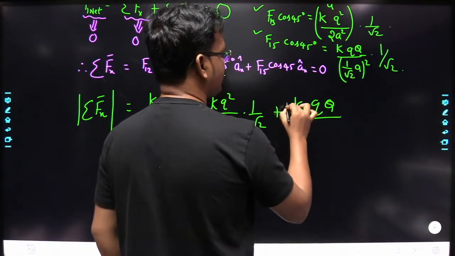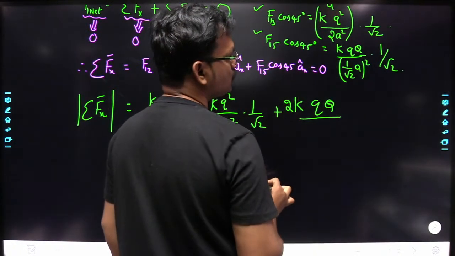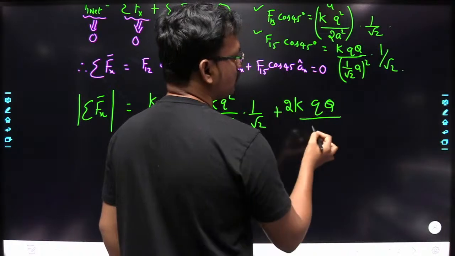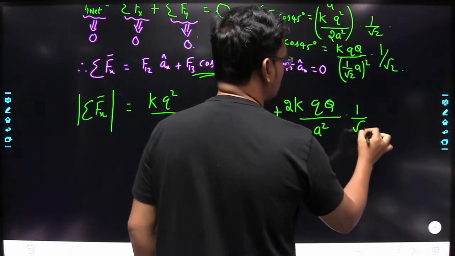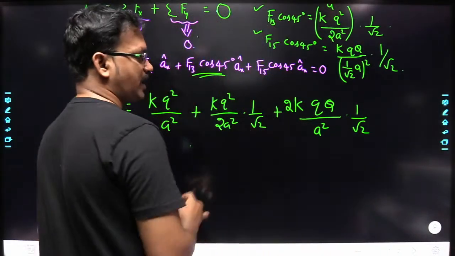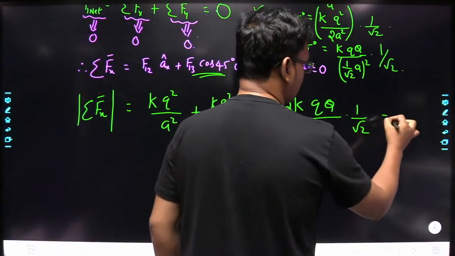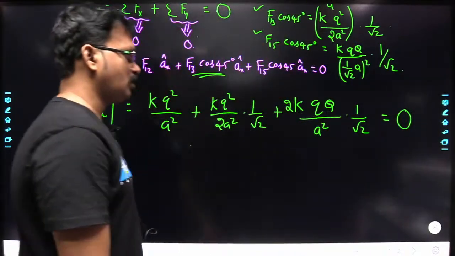So I can write it as 2k small q into capital Q by a square into 1 by root 2. So this is the magnitude of the x component, and it must be equal to 0.